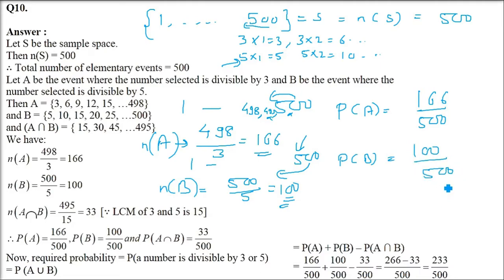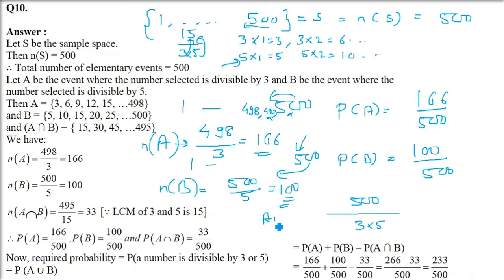Now let us find the numbers which are divisible by both, because we want the intersection of sets A and B, 3 and 5. See, 15 for example is divisible by 3 as well as 5. So we have to find the LCM of 3 and 5. Just multiply them, 5 threes are 15.